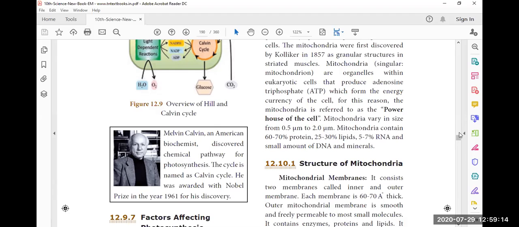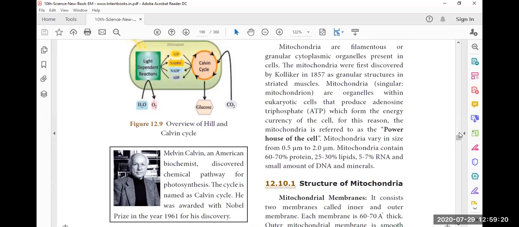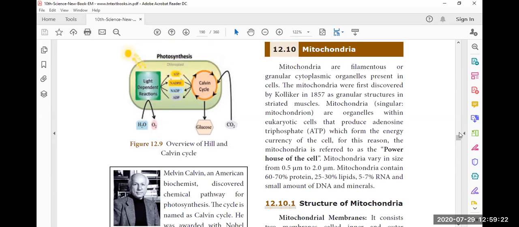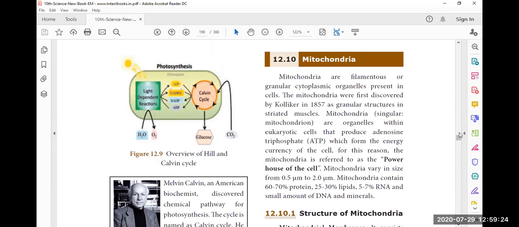He was awarded the Nobel Prize in 1961 for his discovery. Here is the overview of the Hill and Calvin reactions. In the light dependent reaction, ATP and NADPH2 are produced. In the Calvin cycle, carbon dioxide, ATP and NADPH2 are utilized to produce glucose.